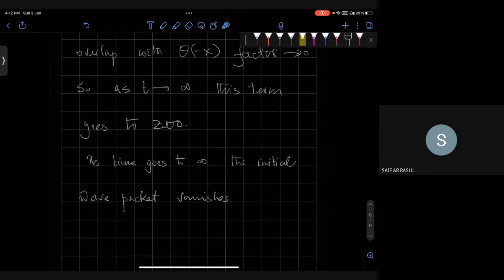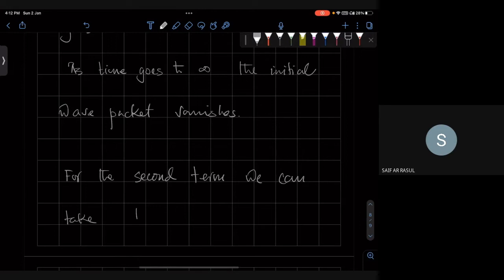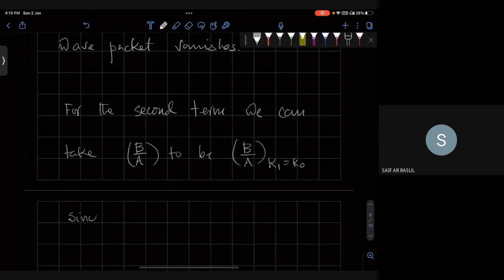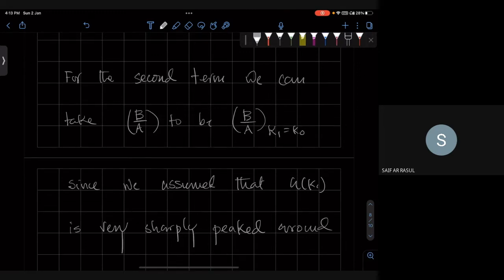So for the second term, we can take B over A to be B over A at K1 equal to K0, since we assumed that A of K1 is very sharply peaked around K0.